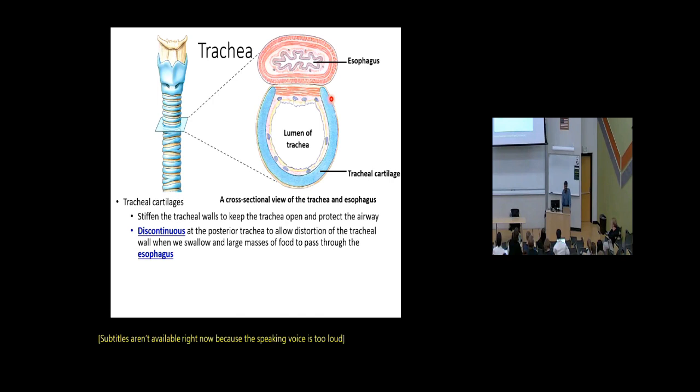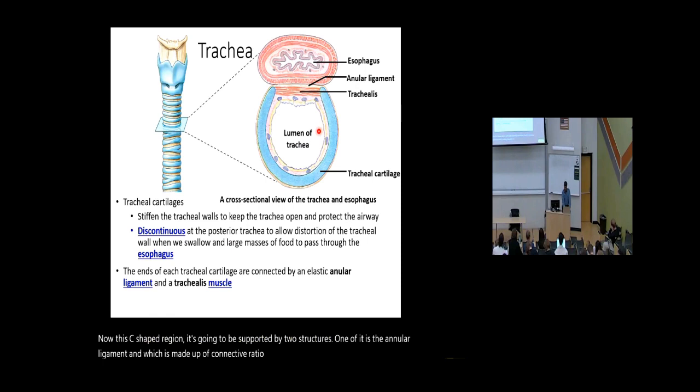Now this C-shaped region is going to be supported by two structures. One is the annular ligament, which is made up of connective tissue, and there's a muscle known as the trachealis muscle. The significance of the trachealis muscle is that it is a smooth muscle controlled by the autonomic nervous system.